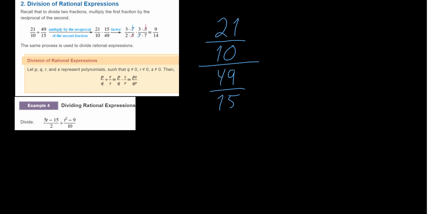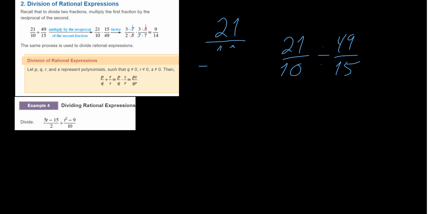Because we don't like fractions, first of all, right? And we sure as heck don't like fractions over a fraction. But if you just recall that this is just as easy as saying 21 over 10 divided by 49 over 15, then it immediately comes back to you, oh, okay, so we multiply by the reciprocal. So this is something that I'm sure many of you will forget in time, but it isn't that difficult.